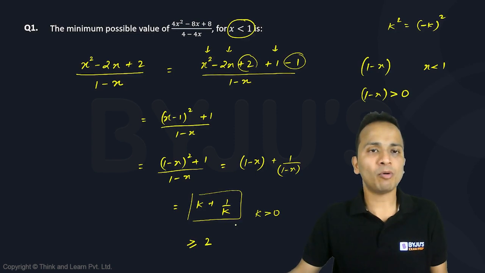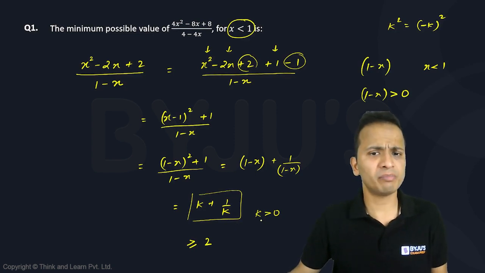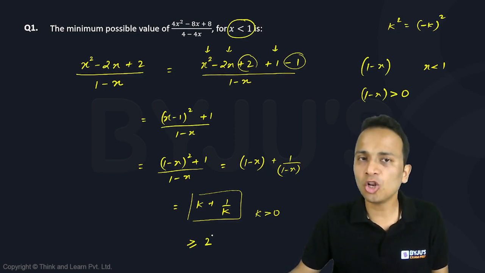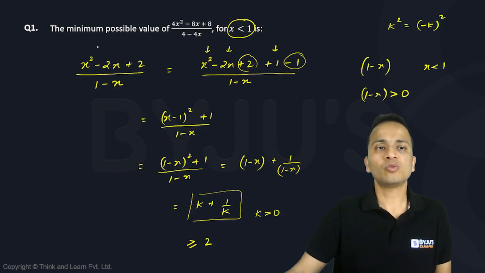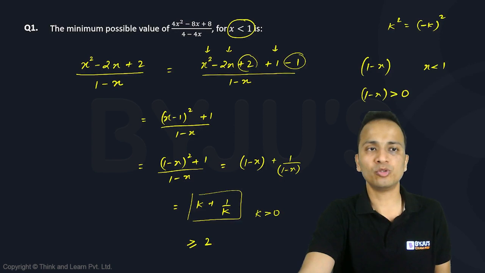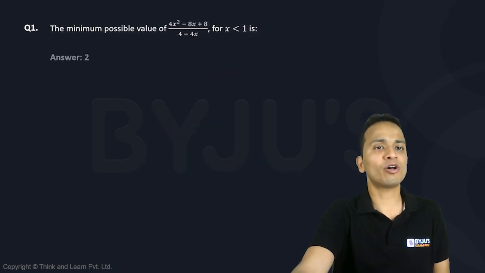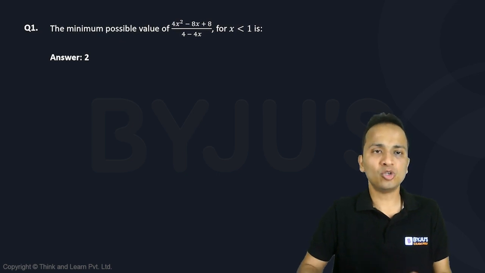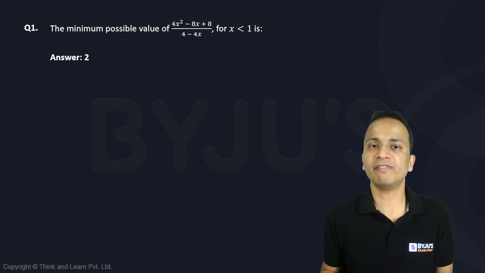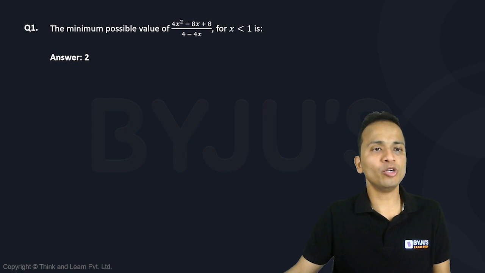So k plus 1 upon k, where k is a positive number, is always greater than or equal to 2. So I can say that the minimum possible value of this expression is equal to 2. All right. And that is the correct answer for question number 1. So 2 is the minimum possible value of the given expression. Let's move on to question number 2.